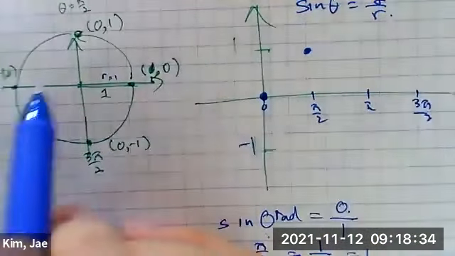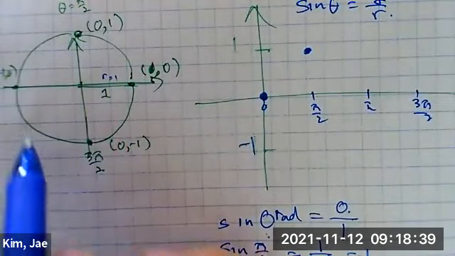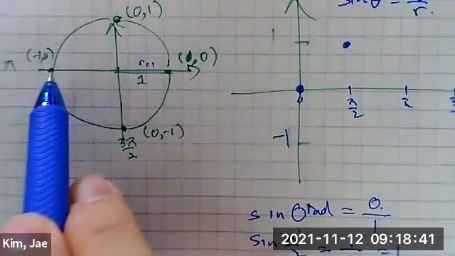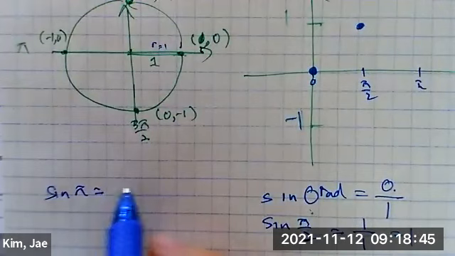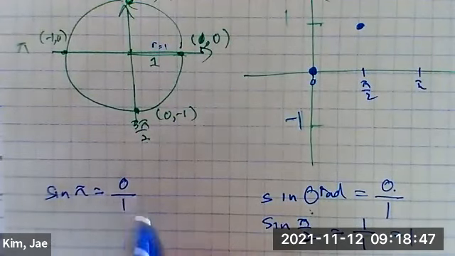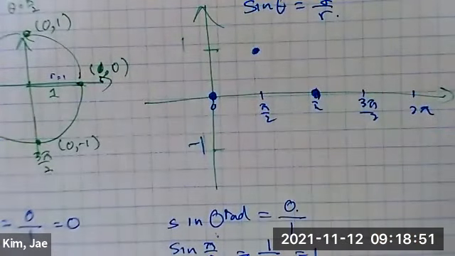Do I go any higher? No, it makes sense because if I trace my path around a circle, what do I get for sine of pi? The y value is 0 and my radius is 1. It's a 0. So at sine of pi, I get back to 0. Then what happens? Go ahead, Yusuf.